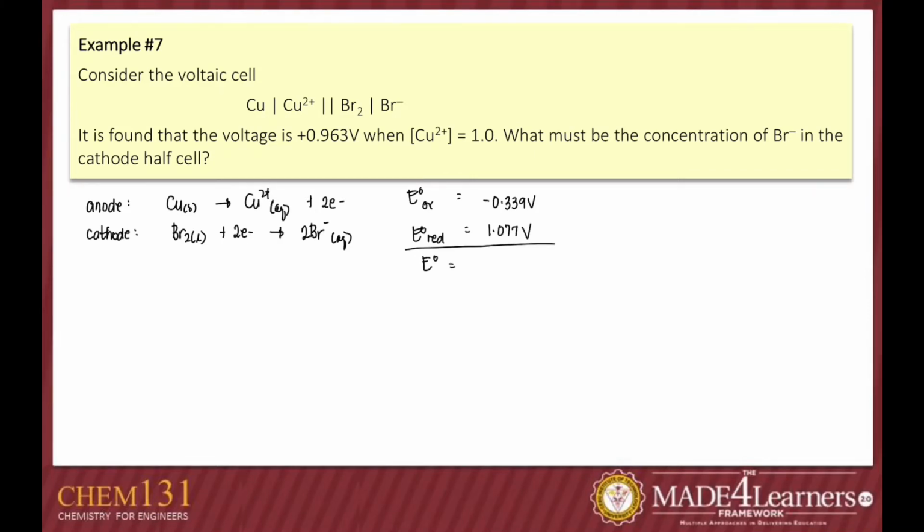So adding the two, we get the standard cell voltage. That's 1.077 minus 0.339. That gives us 0.738 volts. And we know that N is equal to 2.